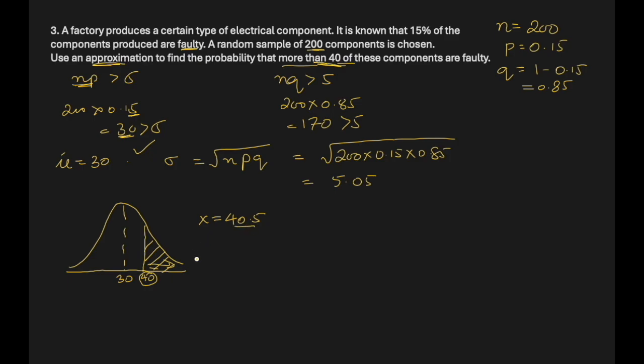So this is what I'm going to use, and for that I need to find z value first. So z value, which is the variable minus mean divided by standard deviation.